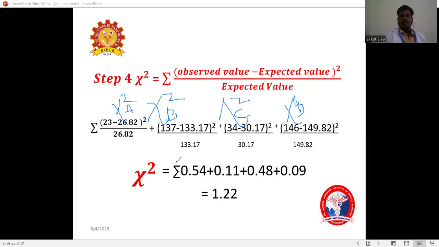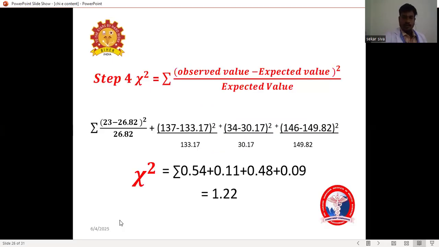The summation is coming: add all these chi-square values. The chi-square value, the summation of all of them, is 1.22.